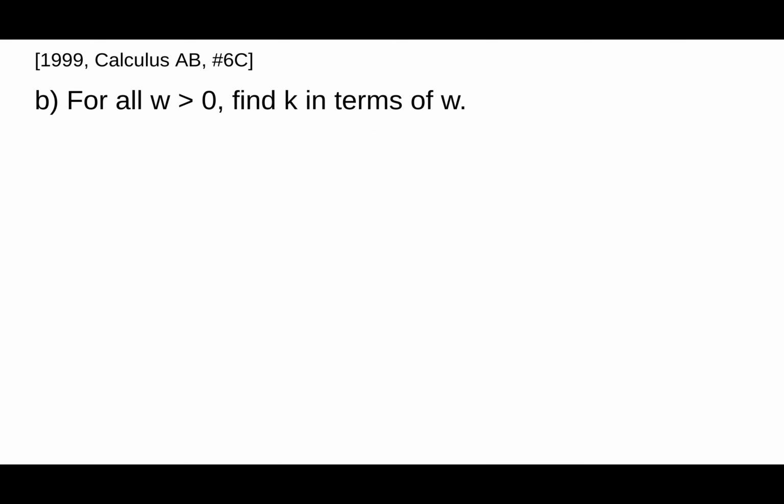For part B, assuming that w is greater than 0, we are asked to find k in terms of w for any w. Basically the same idea will apply. For any x equals w, dy dx is just going to be negative 2 over w cubed, just substituting w in for x.